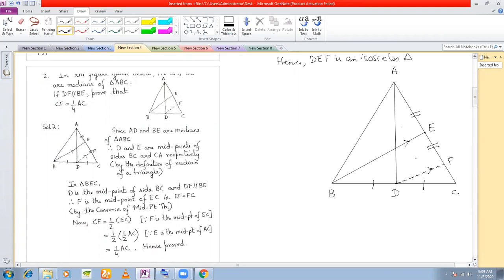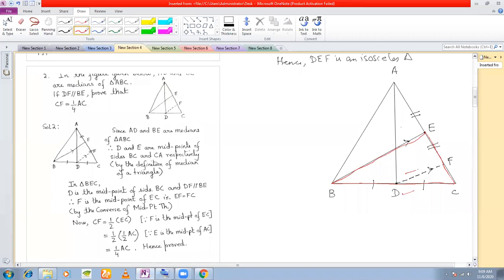If D and E are the midpoints, then what will happen? What can I say? Look at this triangle. In this triangle, you see that D is the midpoint of the side BC.